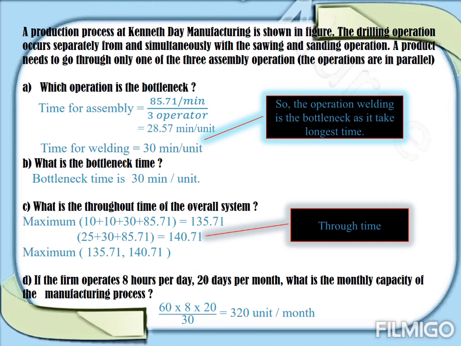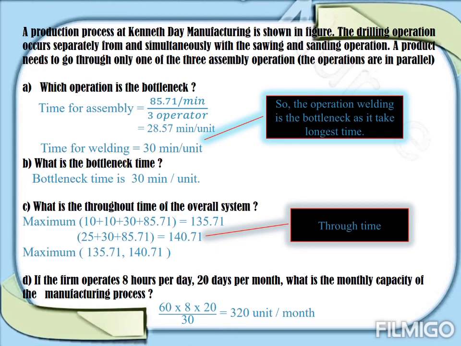Now we move on to our last question. If the firm operates 8 hours per day, 20 days per month, what is the monthly capacity of the manufacturing process? First, we calculate 60 times 8 times 20 divided by 30. The 60 is the 60 minutes, because we should convert the hours to minutes.